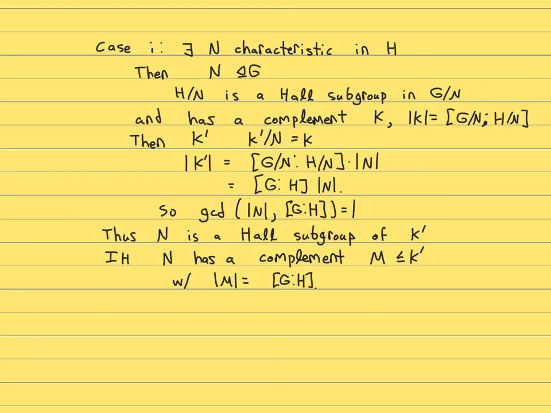Now we're going to work with the quotient groups, G mod N and H mod N. And you can check that H mod N is in fact a Hall subgroup of G mod N. Why? Because N is a subgroup of H, and so it's not too hard to see that the index of H mod N in G mod N is actually the index of H in G by one of the isomorphism theorems.